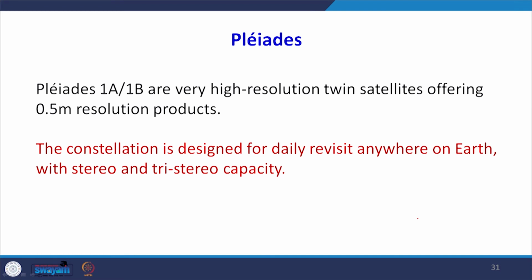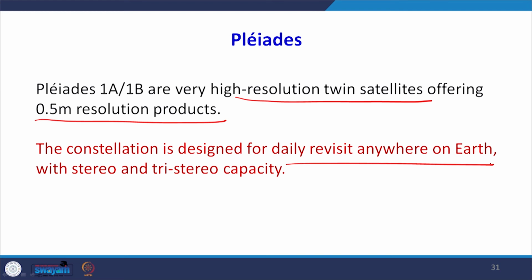Pleiades is another, a series 1A and 1B, very high resolution twin satellites. This is the first time this kind of experiment has been done, and they are offering us 0.5 meter resolution products. Again sub-meter products they are offering us, and this twin satellite constellation has been designed to daily revisit anywhere on the earth with stereo and tri-stereo capability.